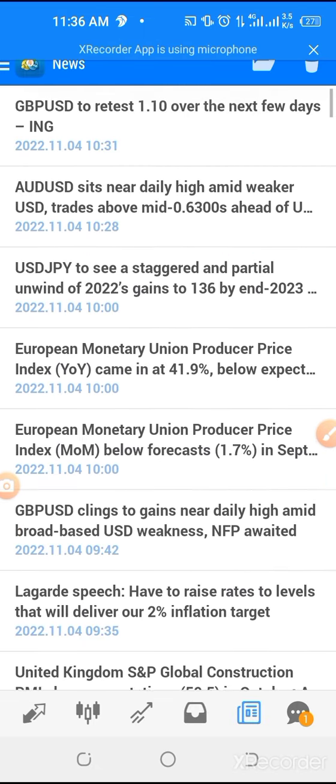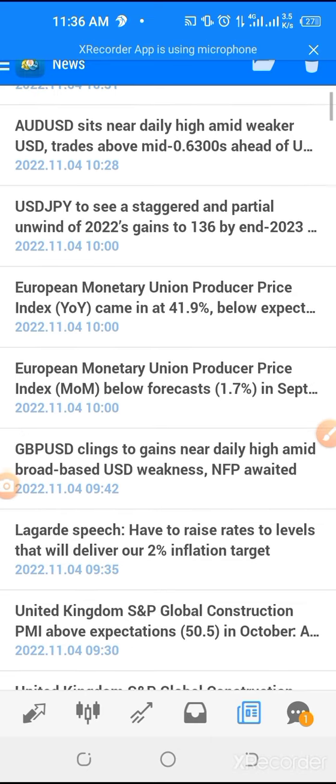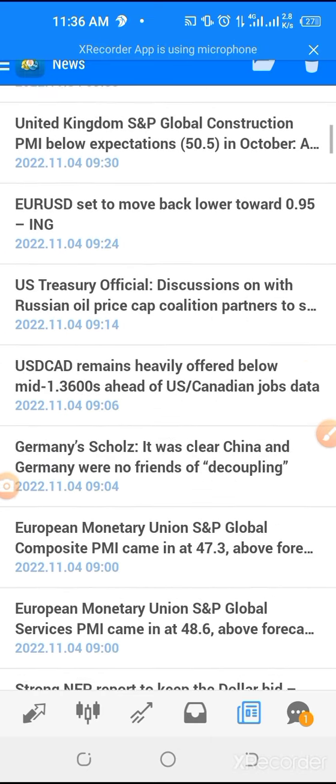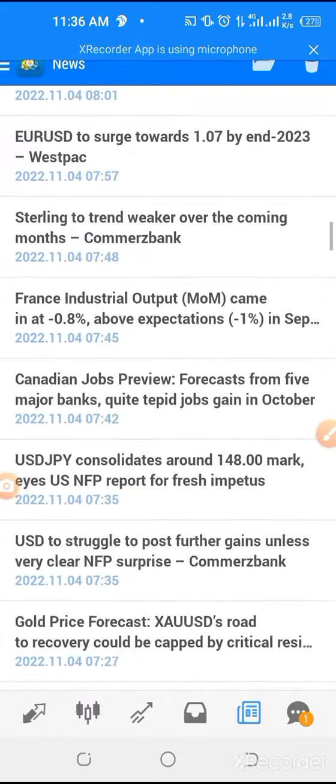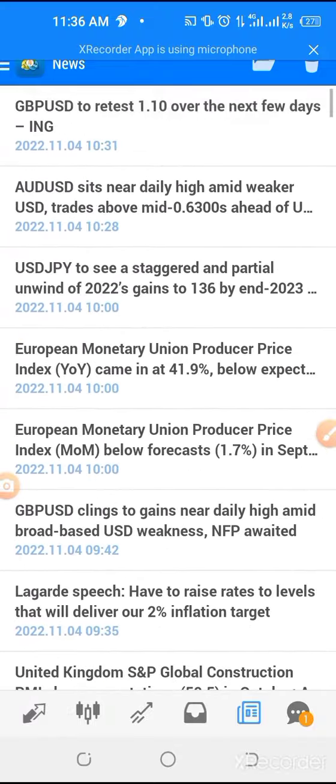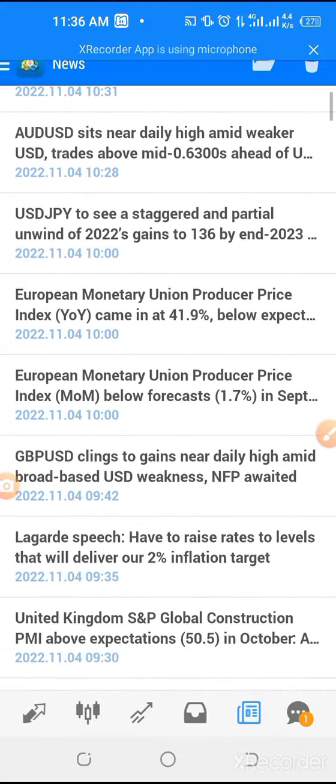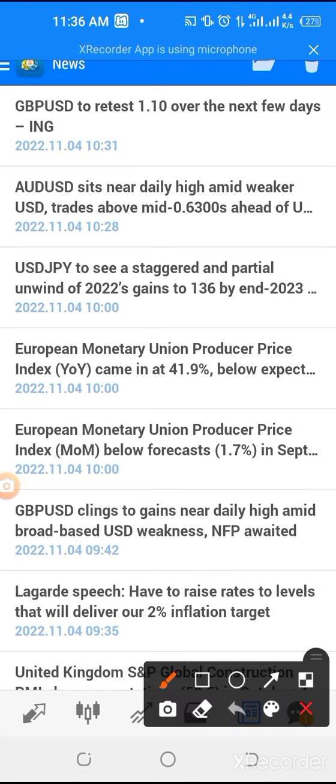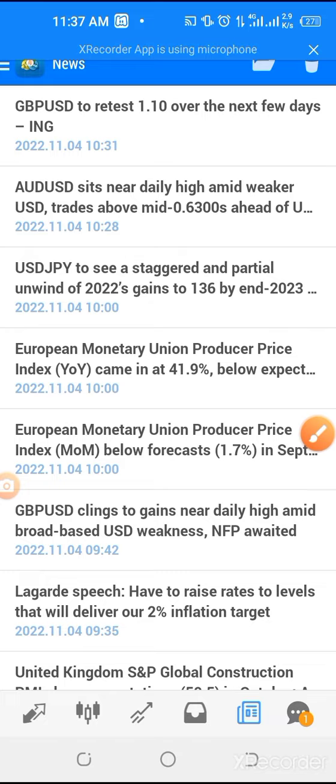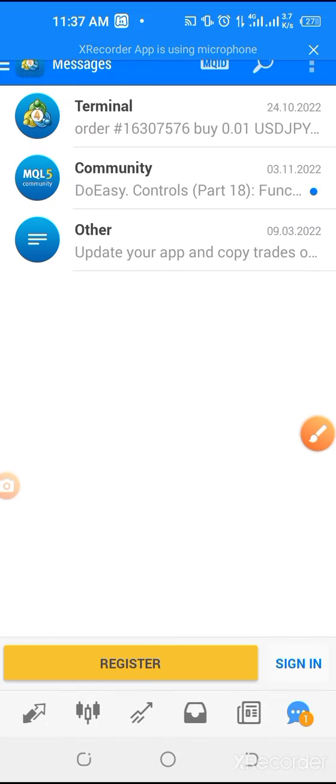Here you find the various news that the MT4 has allowed to drop on this platform today and the previous day. And at the last, you'll find your MetaTrader number. All right, so that's that for the MT4.